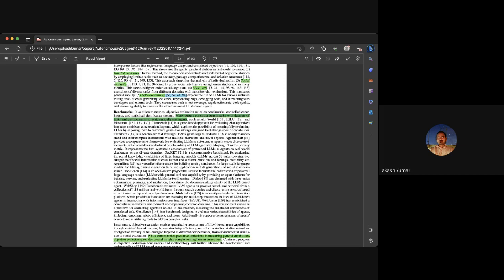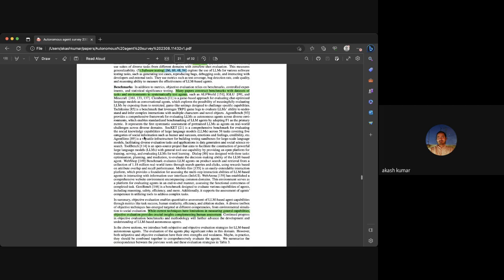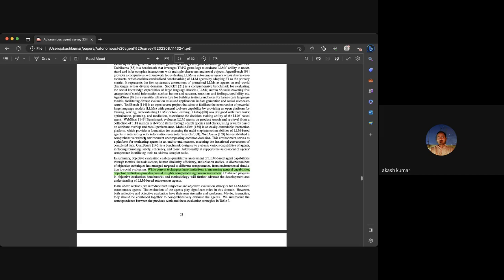Here they have also mentioned Socket, which is a comprehensive benchmark for evaluating the social knowledge capabilities of large language models. Each of these benchmarks focuses on different aspects. ClemBench is a game-based approach for evaluating chat-optimized language models. So depending on the benchmark, you can test out specific capabilities of these LLM agents.